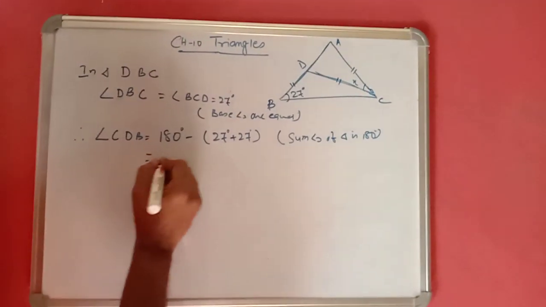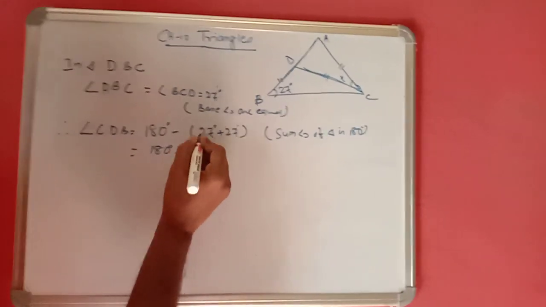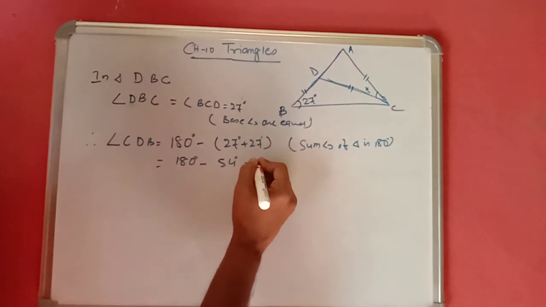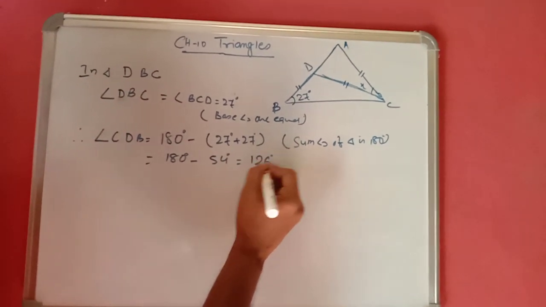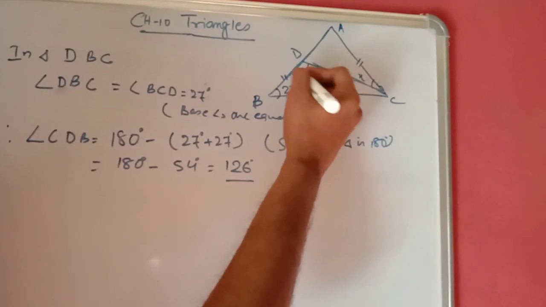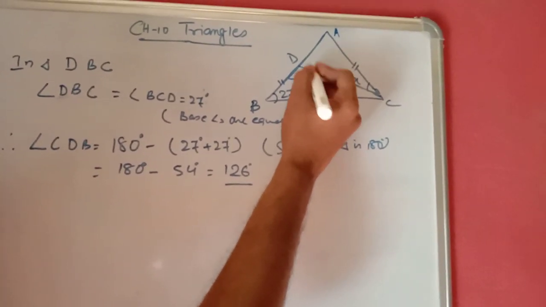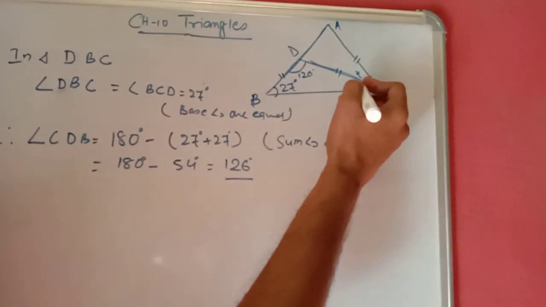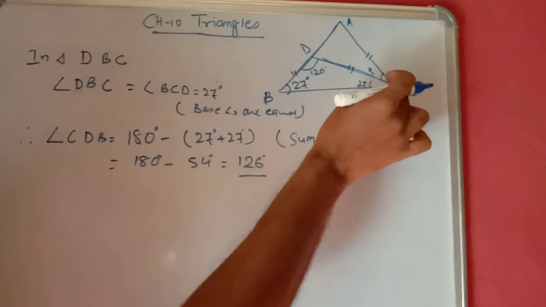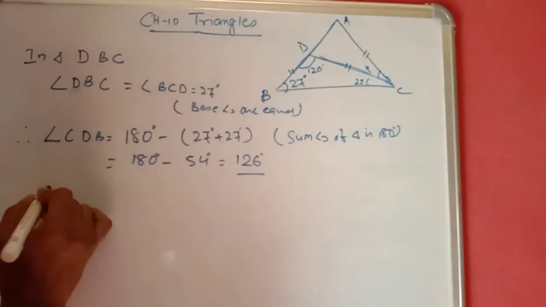Therefore 180 degrees minus 54 degrees equals 126 degrees. This is the value of this one, 126 degrees. If this is 126 degrees, this is 27 degrees, so I can find out the exterior angle.